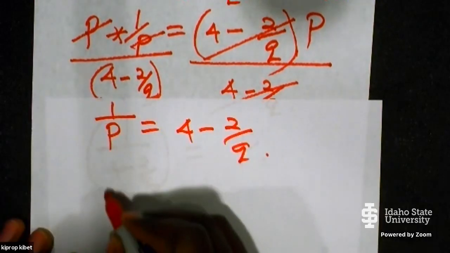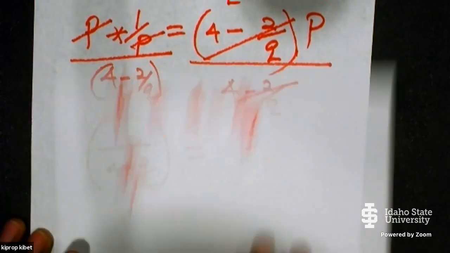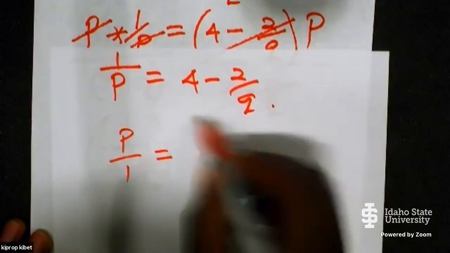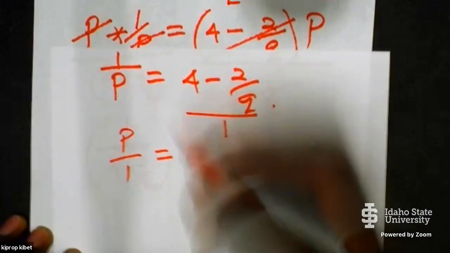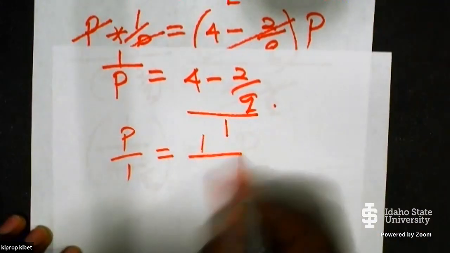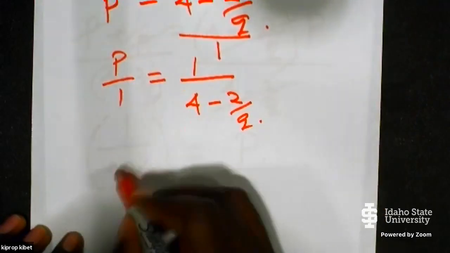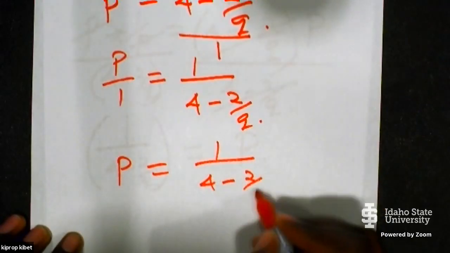So when you take this one up, it will be p over 1, equals to, and because this one is 1 over 1, you take it down and bring 1 up. So it will be 1 over 4 minus 2 all over q. So finally, what you get is p equals 1 over 4 minus 2 over q.